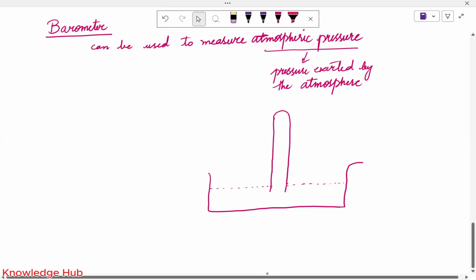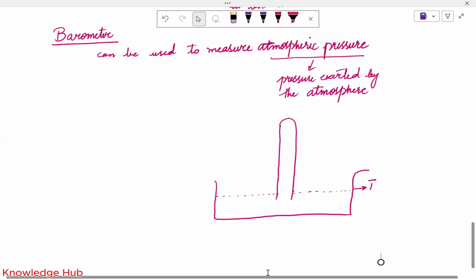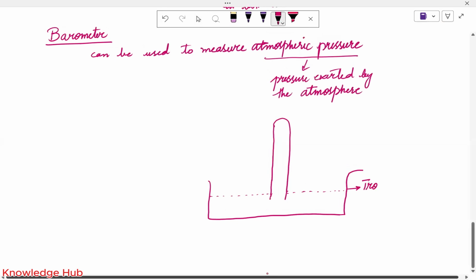This is a glass tube which should be at least 80 centimeter in length and it is filled with mercury.